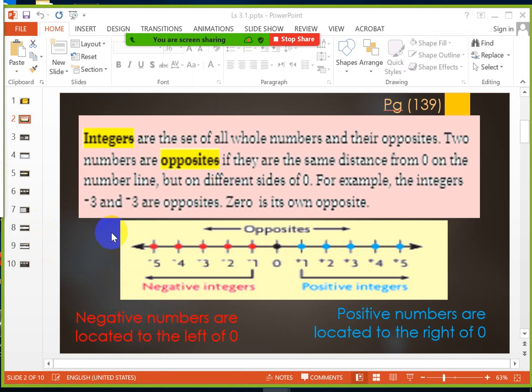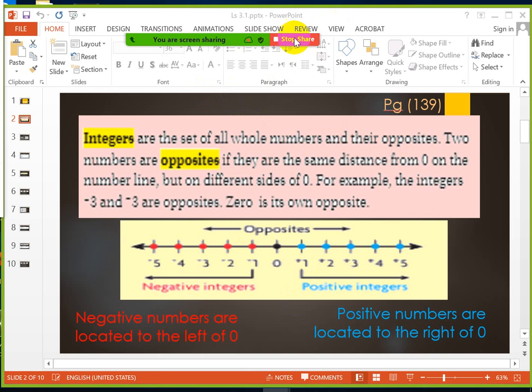So girls, today we will talk about a new idea for you, the integer numbers. Integers are the set of all whole numbers and their opposites.